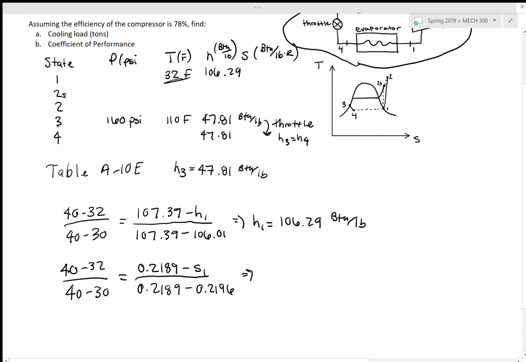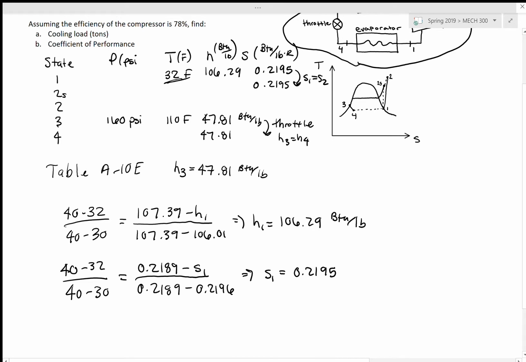And so when we run that, we are going to get our entropy value to be equal to 0.2195. So we can throw that up in our table at state 1, and then because this is isentropic, we can assume that S1 is going to be equal to S2, so we can pull that value down as well.